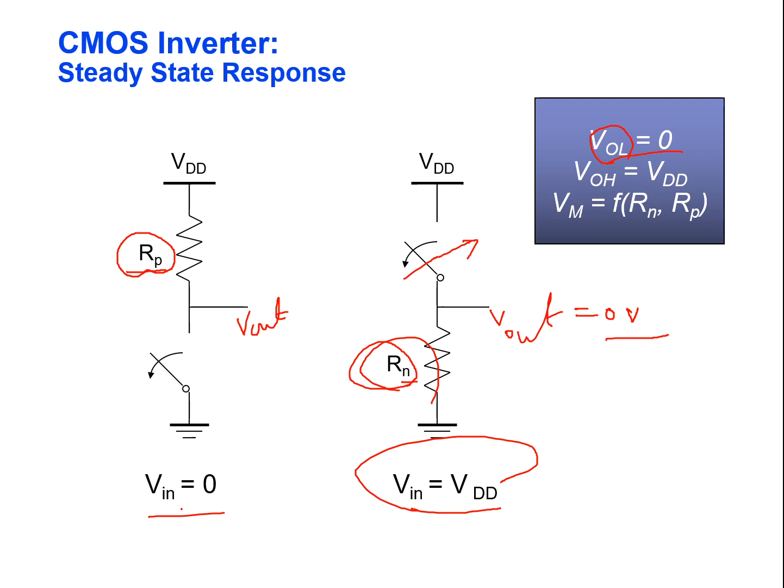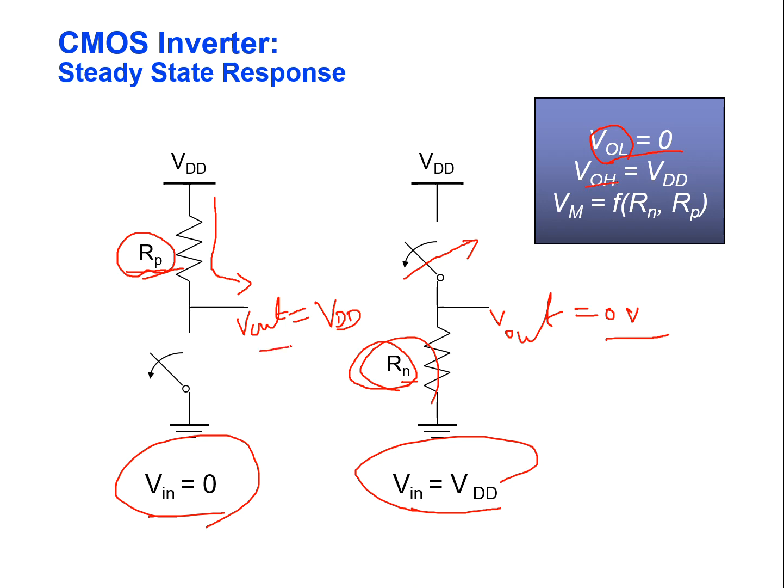If you consider your Vin as 0, as we already discussed, your PMOS is in on condition, and if you neglect the internal resistance Rp, your Vout is approximately equal to VDD, without any voltage drop across Rp. So we can represent it as VOH, output high voltage.